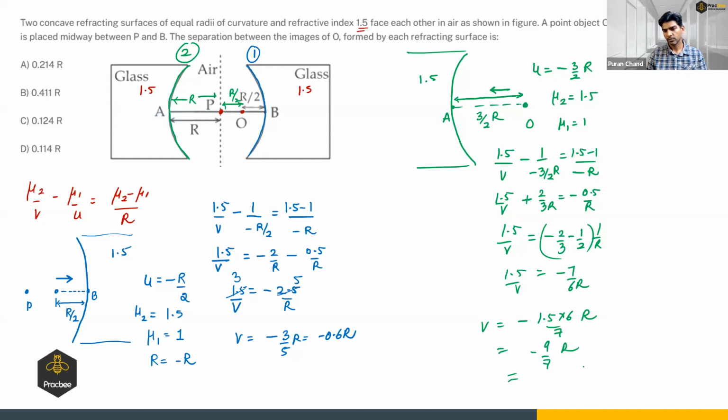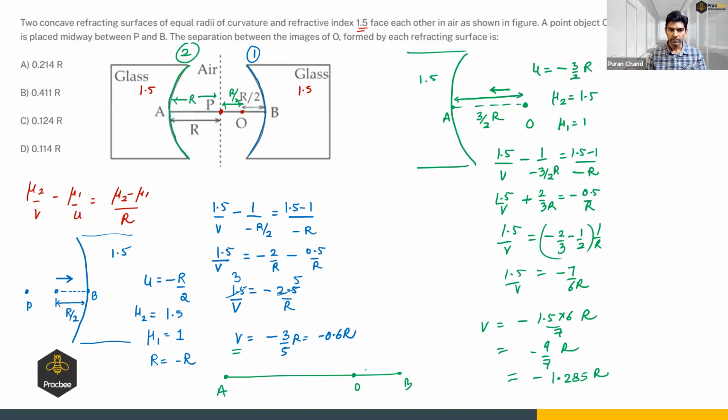Okay. And it comes out to be minus 1.285 R, right? So if I draw A, B, this is O, right? V, in the first case, is negative. It means the image is formed on the same side of the object, where we have the object.